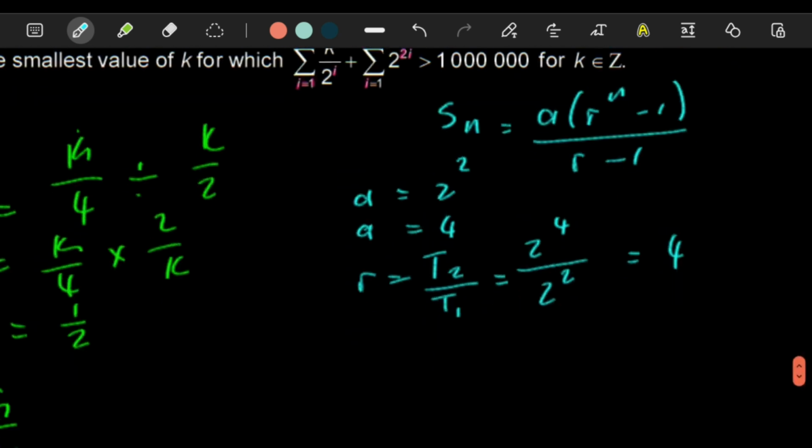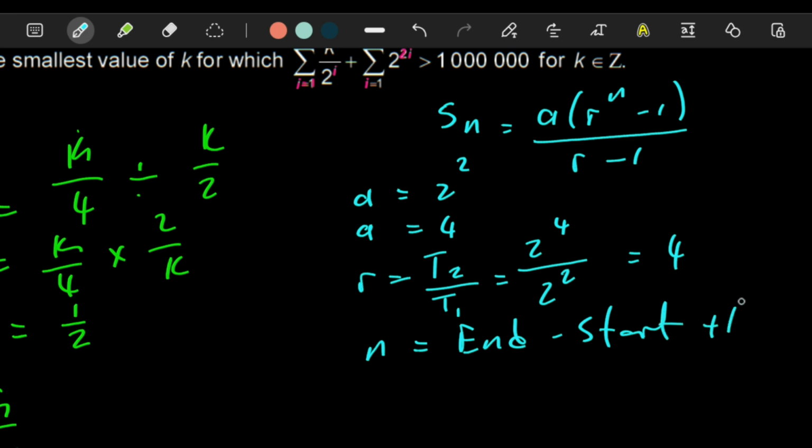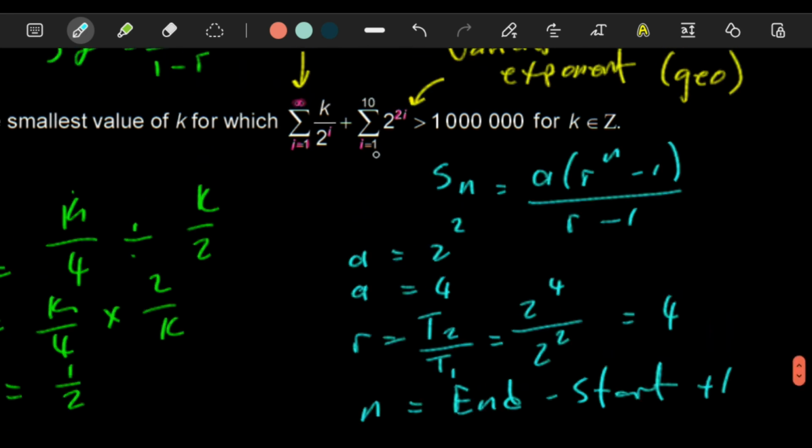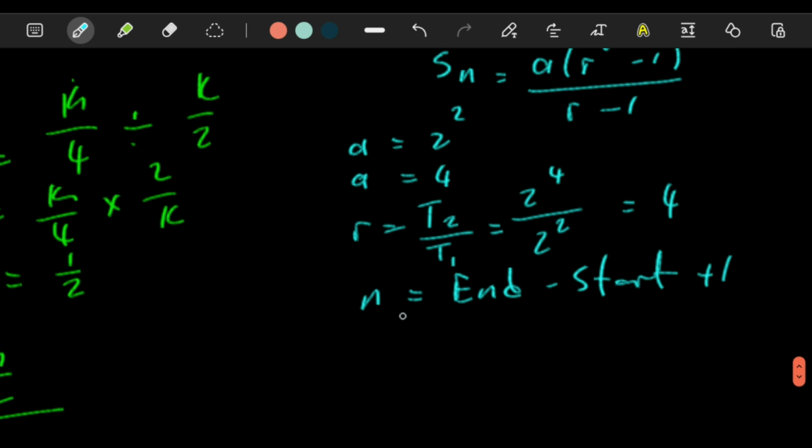Okay. So now what? We have a, we have r. Now we need n. n, remember, it's always the end minus the start plus 1. The end is the number at the top. The start is the number at the bottom. So here the top is 10.